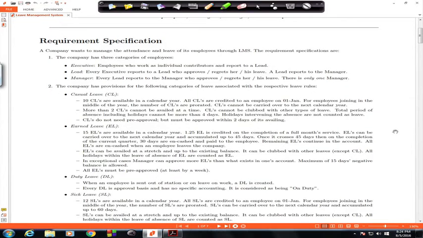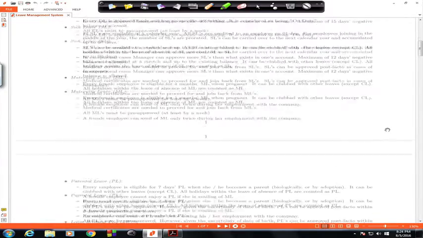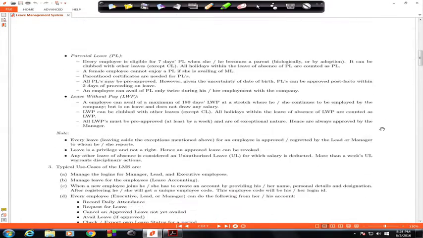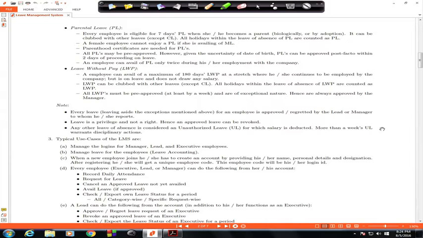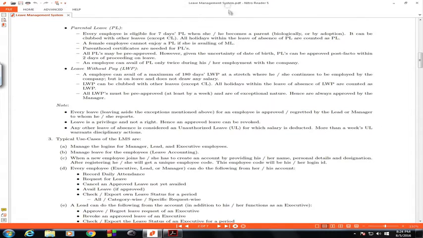Let me go back to this and try to show you. Maybe I can pick up some parts from the second page, because I am always discussing the first page.